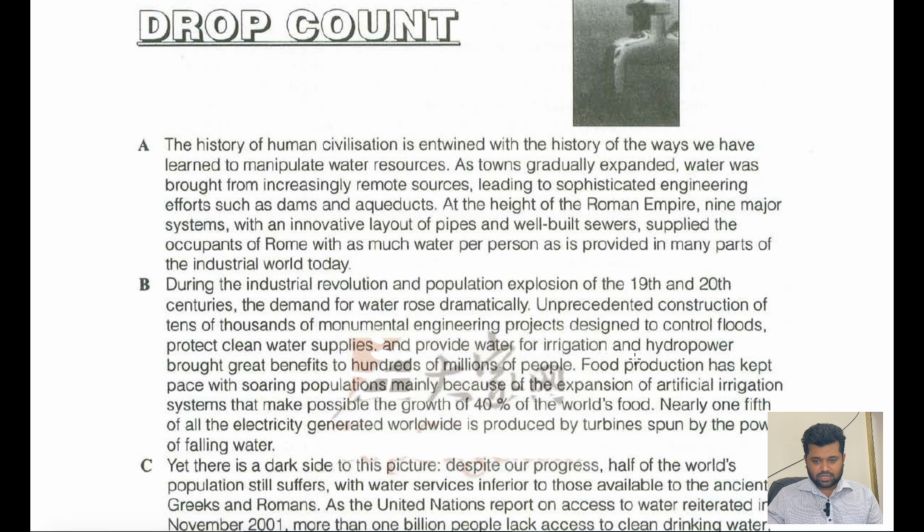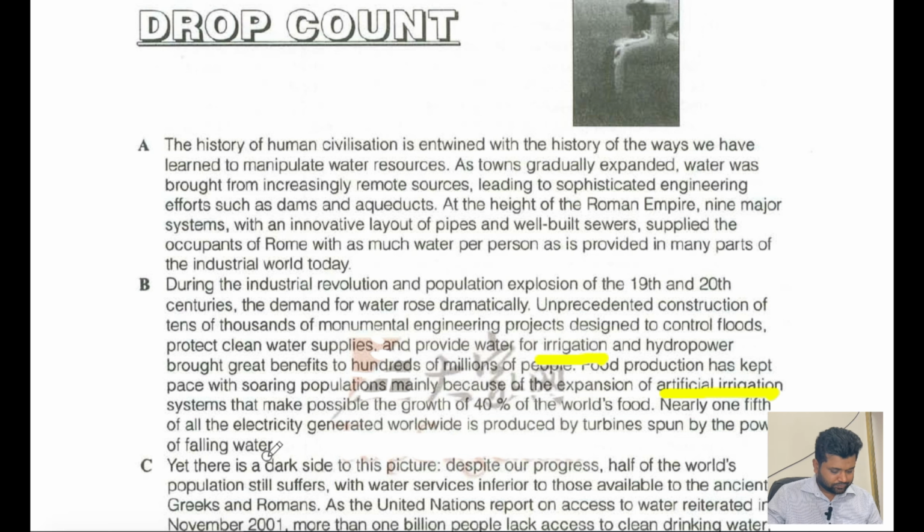We can underline the word irrigation because we already see a word in the headline, irrigation. So we can underline this word. And hydropower brought great benefits to hundreds of millions of people. Food production has kept pace with soaring populations, mainly because of the expansion of artificial irrigation. Again, we also find irrigation systems that make possible the growth of 40% of the world's food. Nearly one-fifth of all the electricity generated worldwide is produced by turbines spun by the power of falling water.